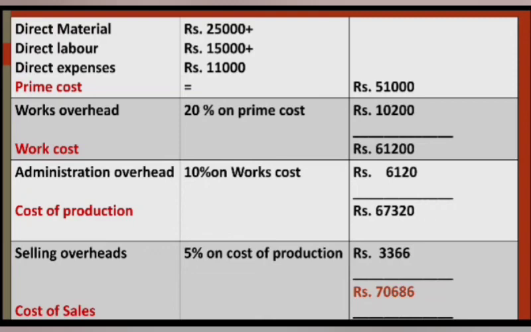Next, selling overhead 5% on cost of production means 5% of rupees 67,320, we get rupees 3,366. Then by adding rupees 67,320 and 3,366, we get cost of sales as rupees 70,686.